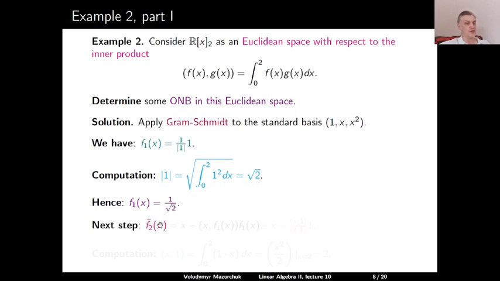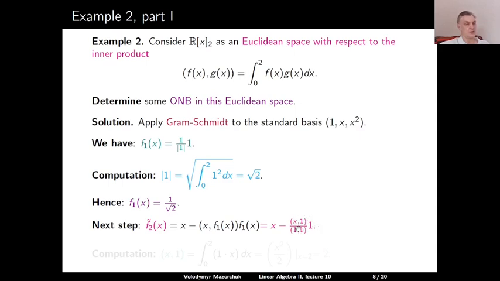For the next step, we need to compute f2 tilde, and this is by definition x, our next element, minus the inner product between x and f1 times f1. Similarly to the previous example, we can rewrite it as x minus the inner product between x and 1 divided by the inner product between 1 and 1, times 1.